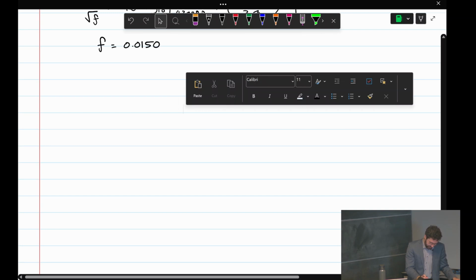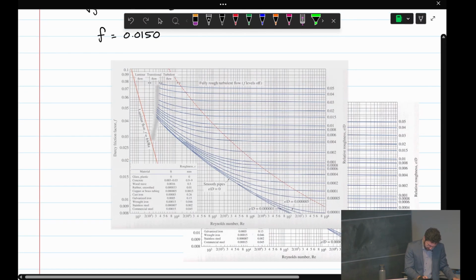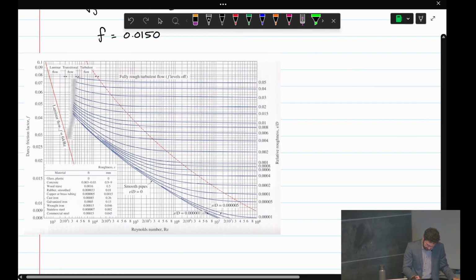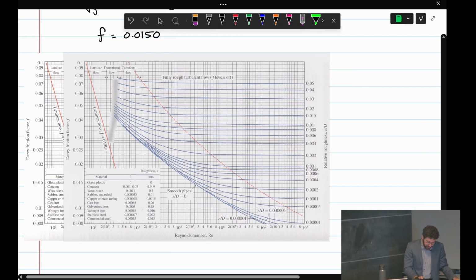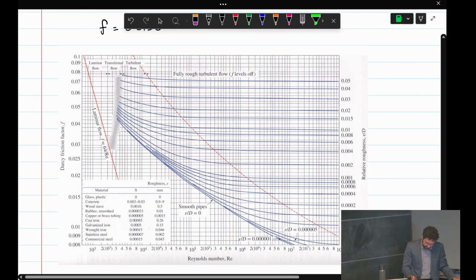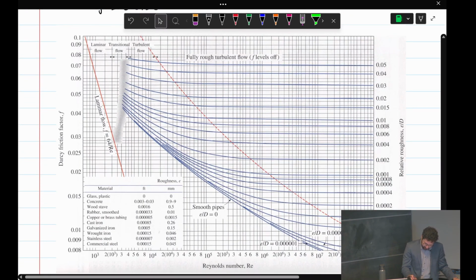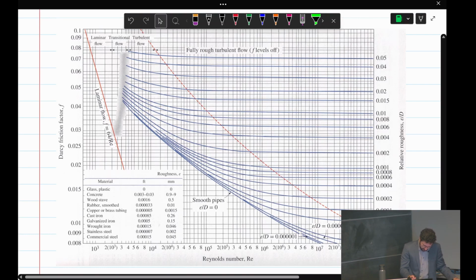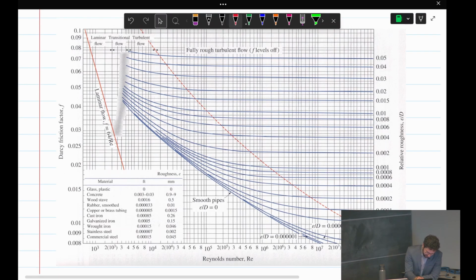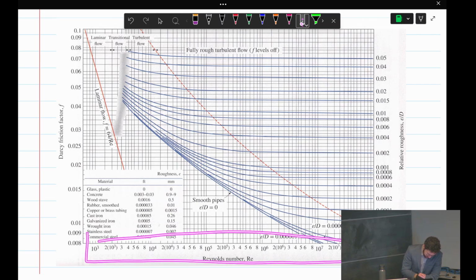So let's do the Moody chart now. So this is how you could check your work on an exam. Okay. So we know we're going to be in the turbulent flow regime. So the bottom axis of the Moody chart is the Reynolds number based on diameter.